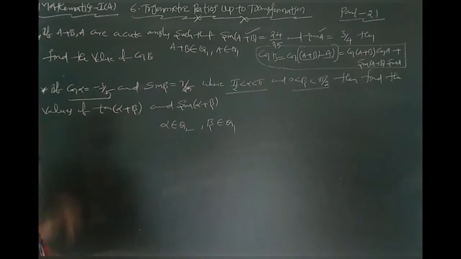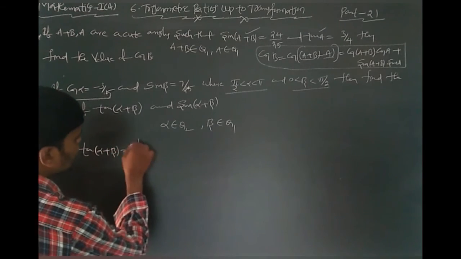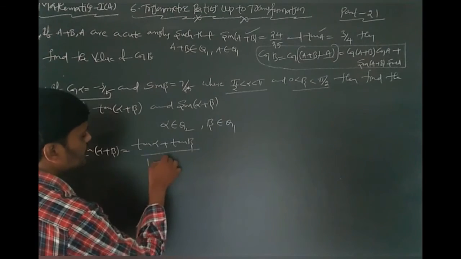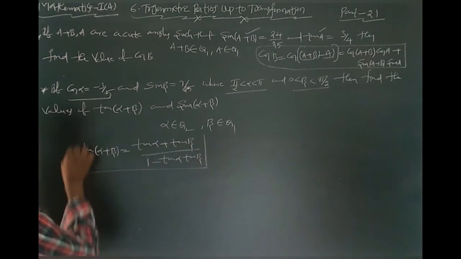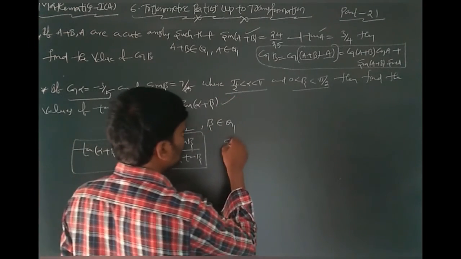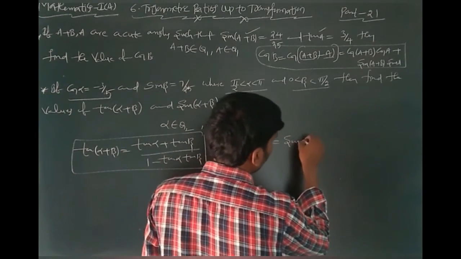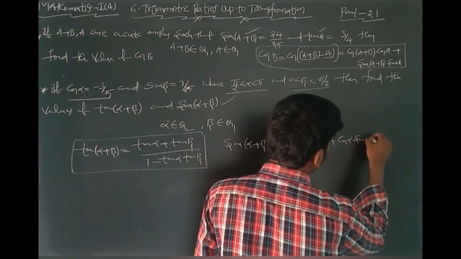Then find the tan of alpha plus beta. Tan of alpha plus beta formula is tan alpha plus tan beta by 1 minus tan alpha into tan beta. This one is the formula of tan alpha plus beta. What is the sin of alpha plus beta? Sin of alpha plus beta value is sin alpha cos beta plus cos alpha sin beta.